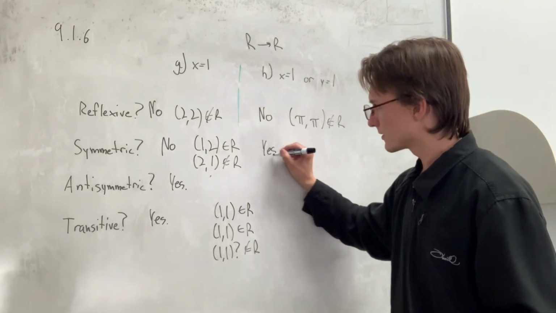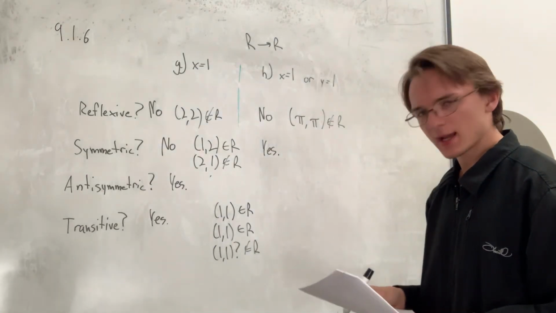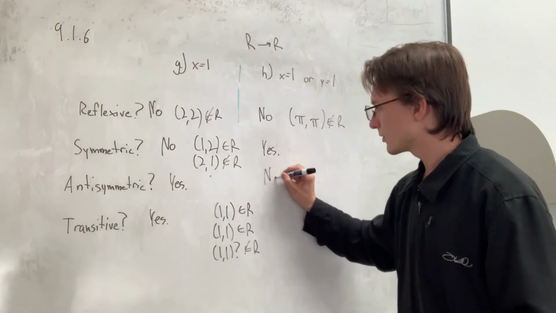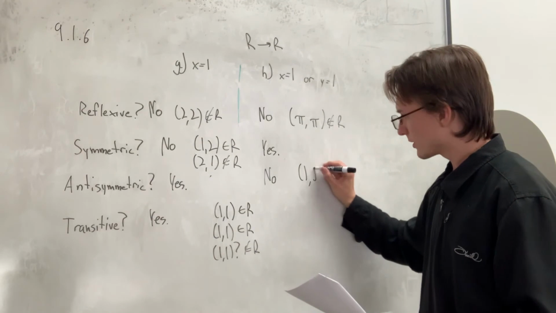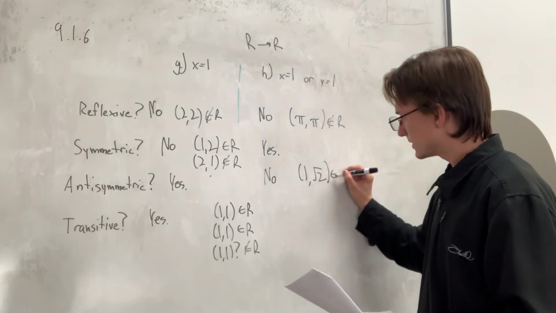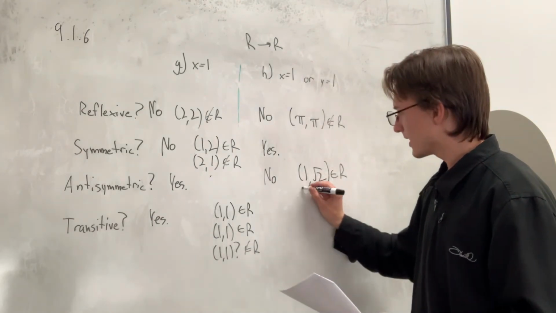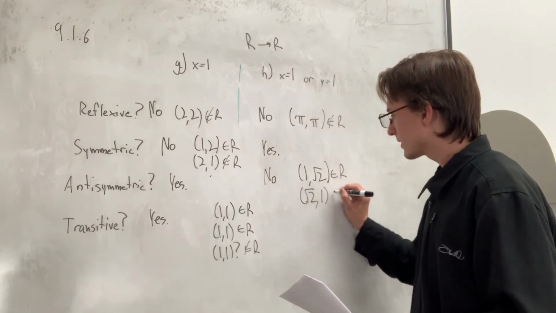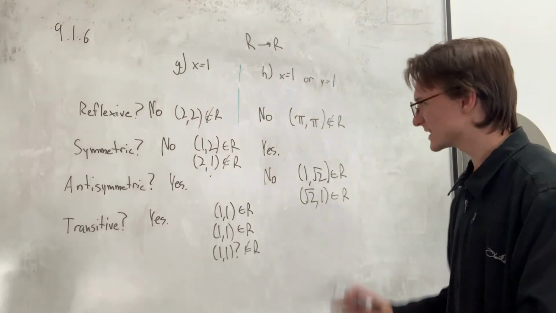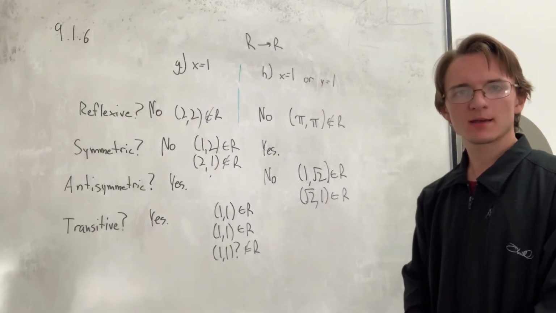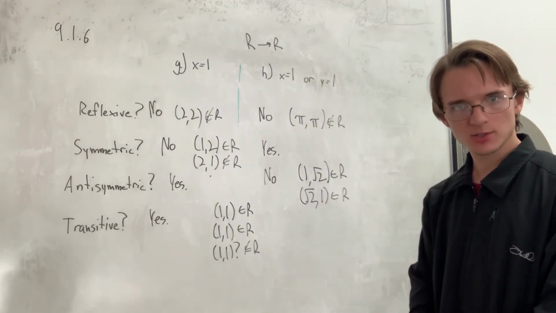Yes. Is it anti-symmetric? No. We'll supply a counterexample. (1, square root of 2) is in the relationship, and (square root of 2, 1) is also in the relationship. So therefore, it is not anti-symmetric.